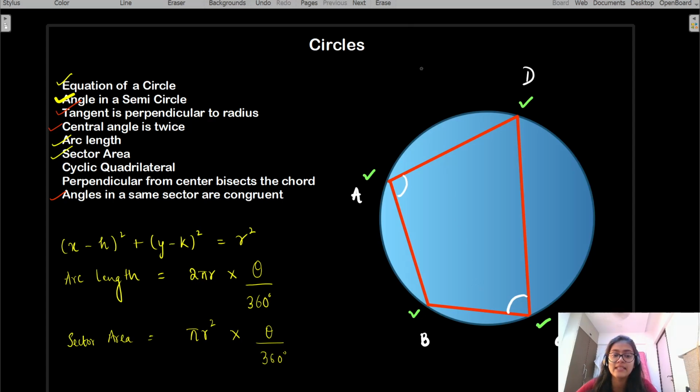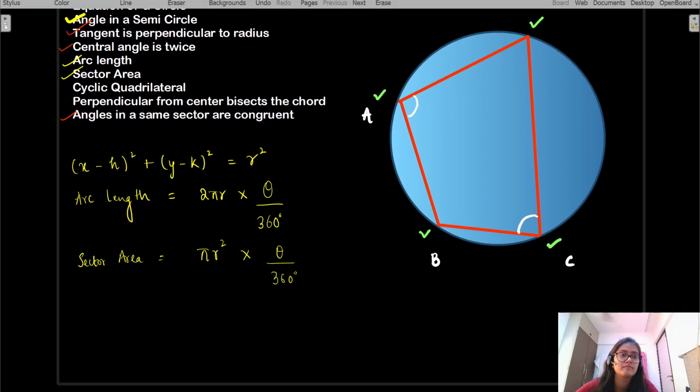That means angle A plus angle C will be 180 degrees, and the next pair, angle B and angle D, are also going to be supplementary. So angle B plus angle D is also going to be 180 degrees.